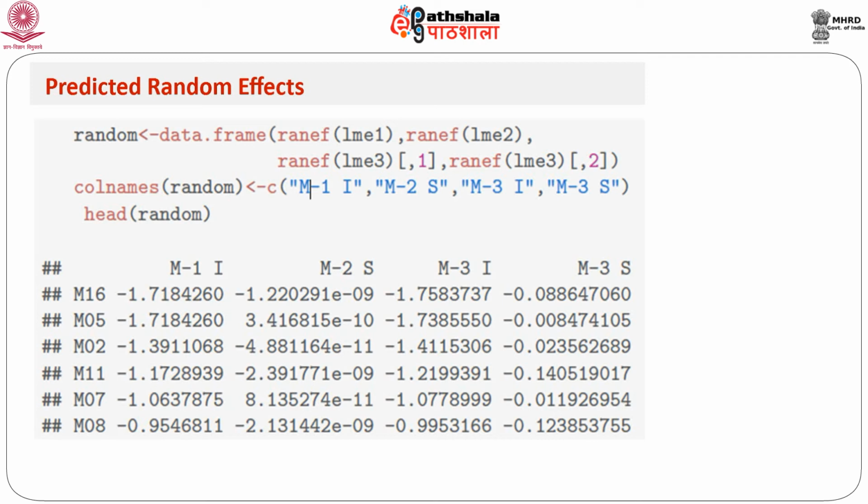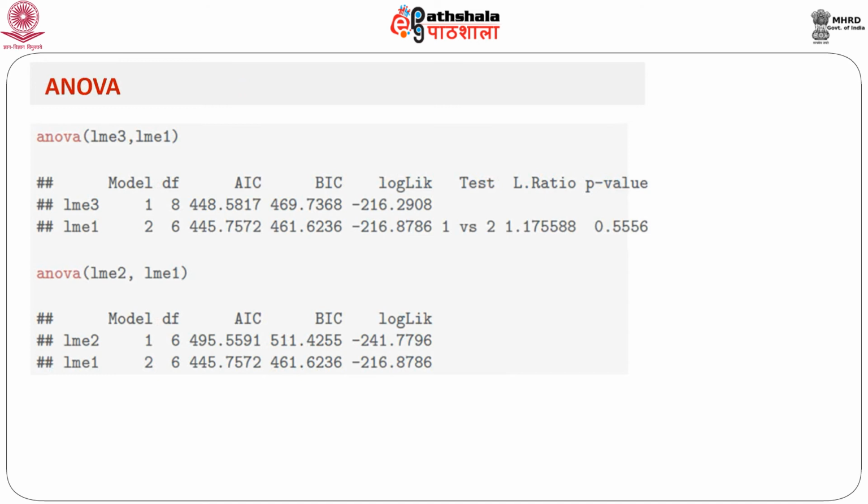So here the predicted random effects of the intercepts are bigger. Similar analysis for the slopes. So the random slope only model is producing smaller predicted random slopes than the model having both random intercept and random slopes.